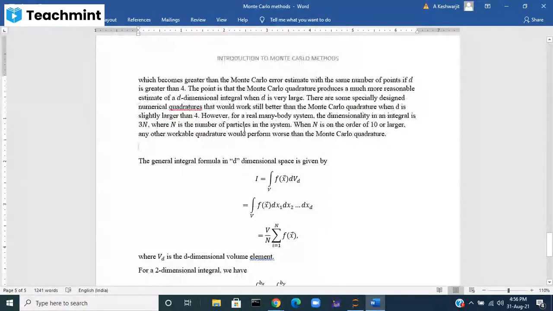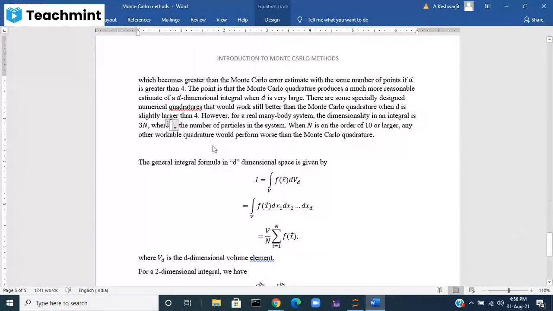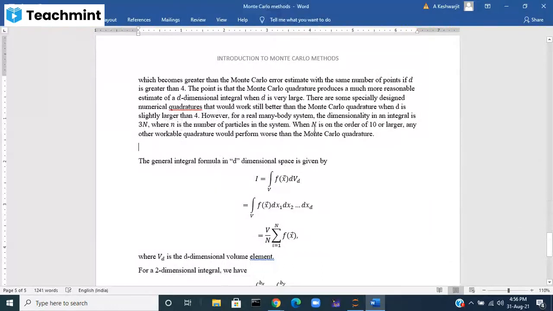To avoid confusion, instead of capital N, let me use small n.